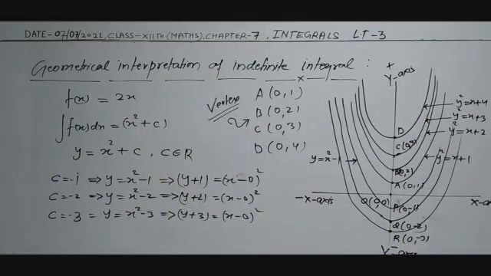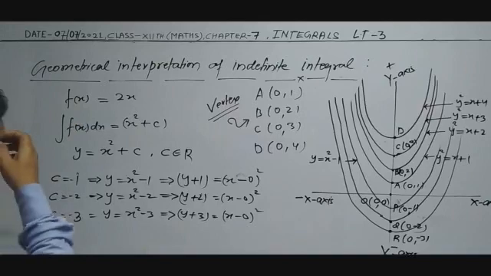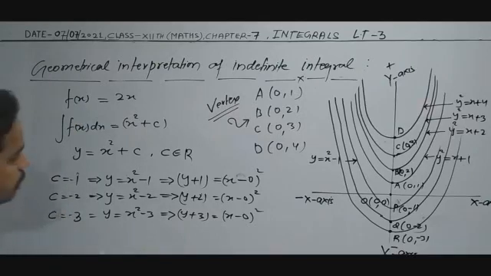Now you will see, from the main function, this is f(x). f(x) is equal to x square, this is the given function, and now we have to write all the equations.